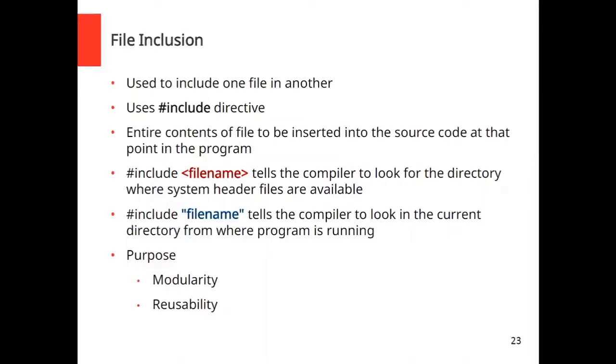The next preprocessor directive is hash include. Hash include is used to include a file in another file. So this is also a preprocessor directive, and it starts with hash include. We have used this directive in almost all the C programs to include the stdio.h header file.